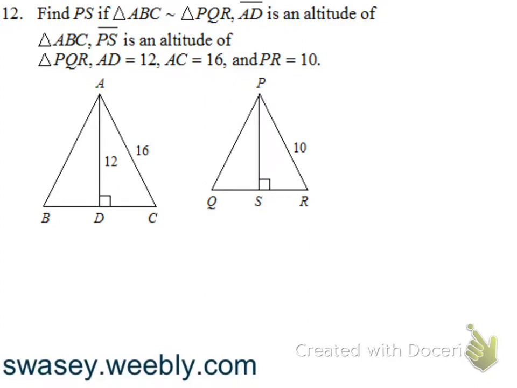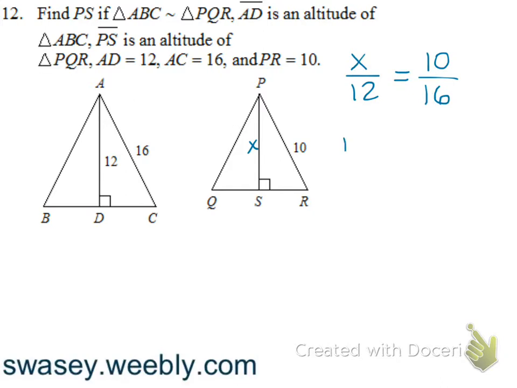Here we've got an altitude of a triangle and a side of a triangle. They're similar triangles, so the altitudes are proportional to the sides. Our goal is to find PS, so I'm just going to call it X. So that altitude compared to the other altitude is equal to the side 10 compared to the side 16.